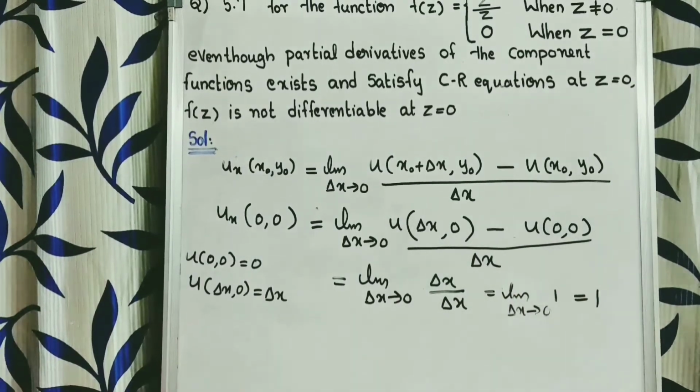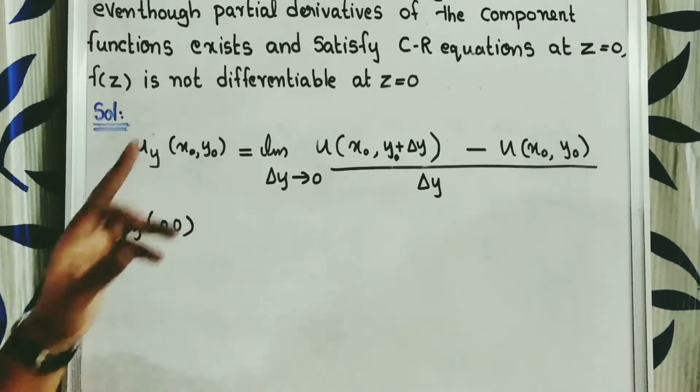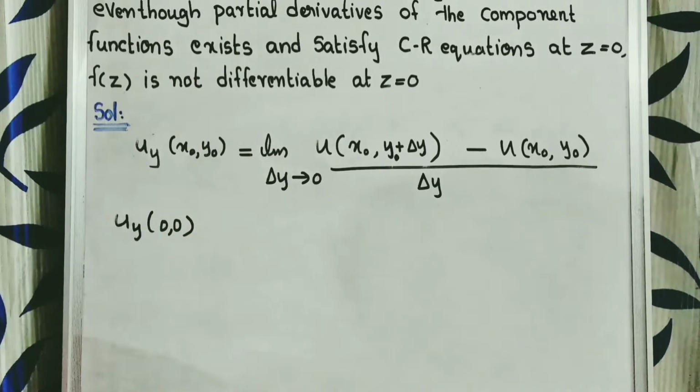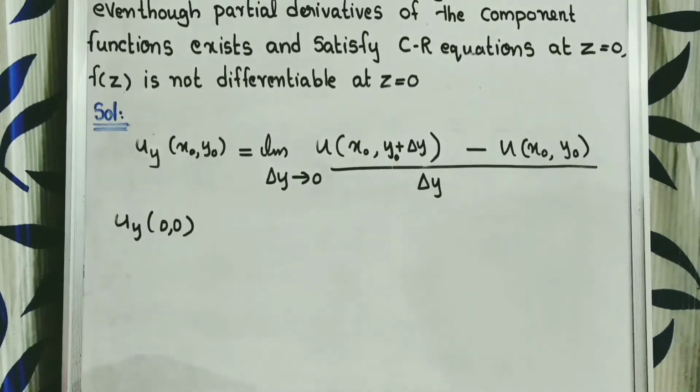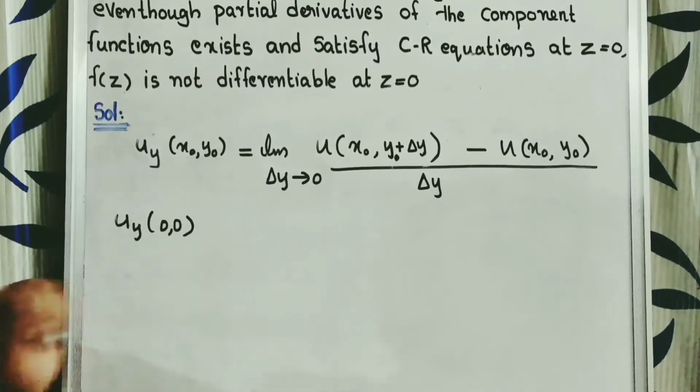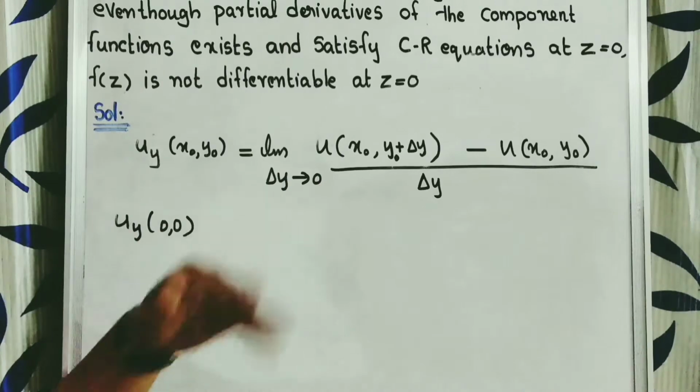Clear? We know that u_y(x0,y0) is equal to limit Δy tends to 0, [u(x0,y0+Δy) minus u(x0,y0)] divided by Δy. Here we have to calculate u_y(0,0). Here x0 is equal to 0, y0 is equal to 0. Substitute this value in this equation.